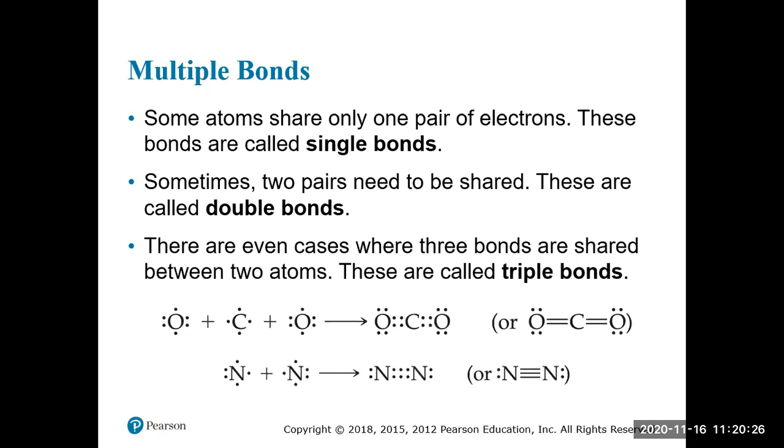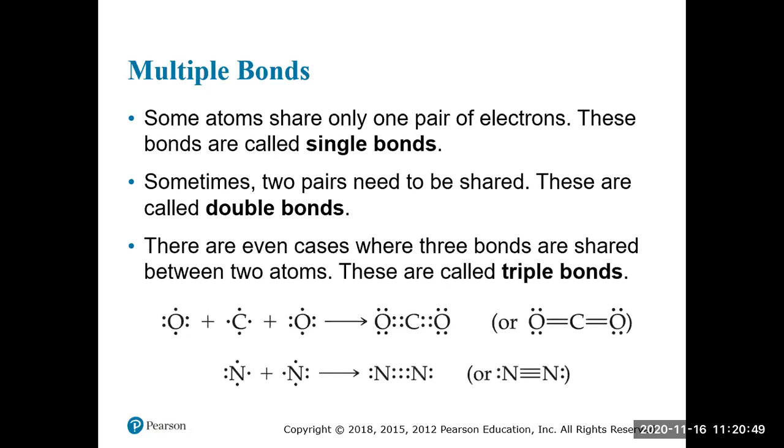And so for the first one, the double bond example, we see we have 6 valence electrons around the oxygen atoms. And once again, we know that because it's the 6A group. And then we have 4 valence electrons around carbon, and that's because it's in the 4A group.